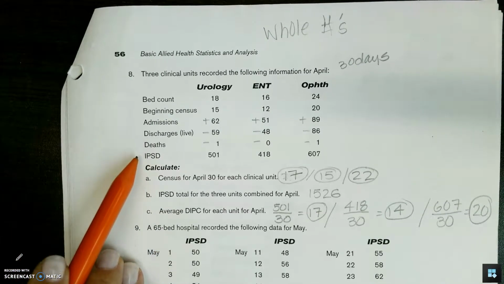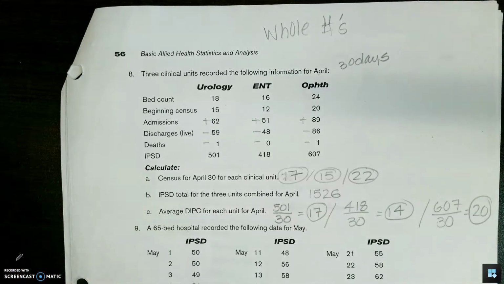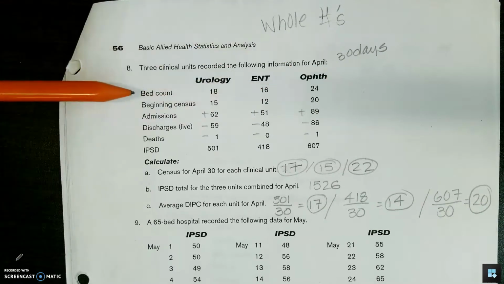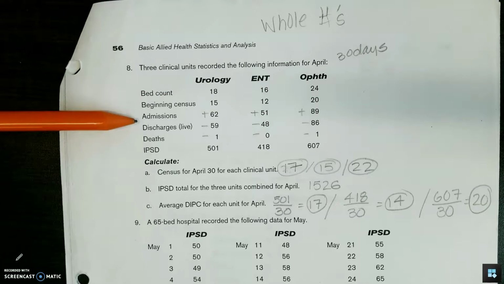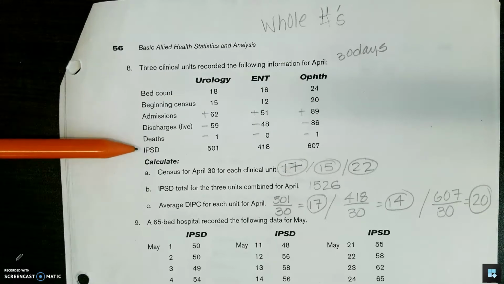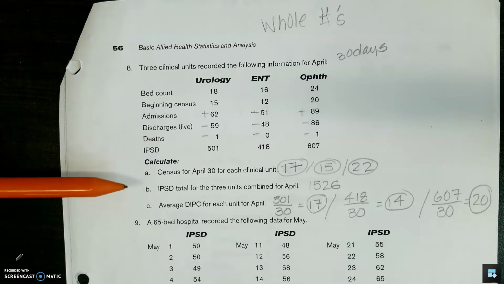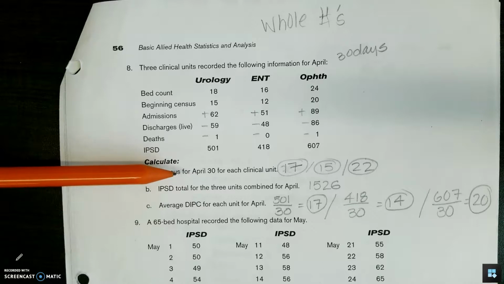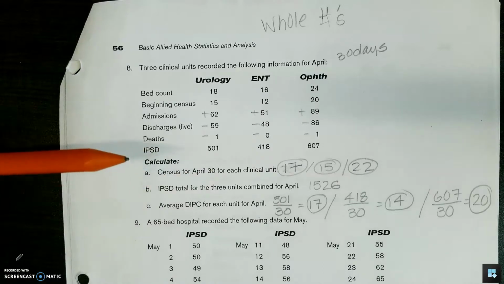But in this table again, since we do have a table, let's take a look at what they're asking for. So for each clinical unit, we've got a bed count, a census, admissions, live discharges, grab the deaths for totals, and the number of inpatient service days. A asks for the census for April 30th for each clinical unit.